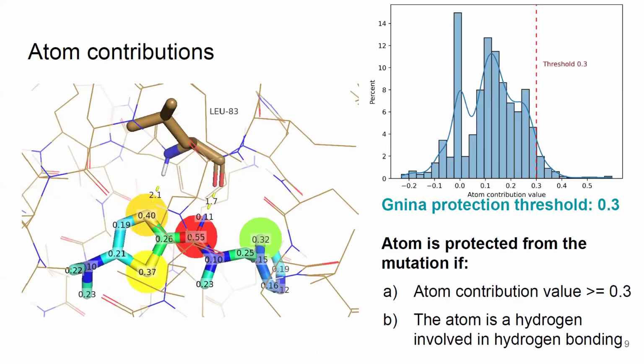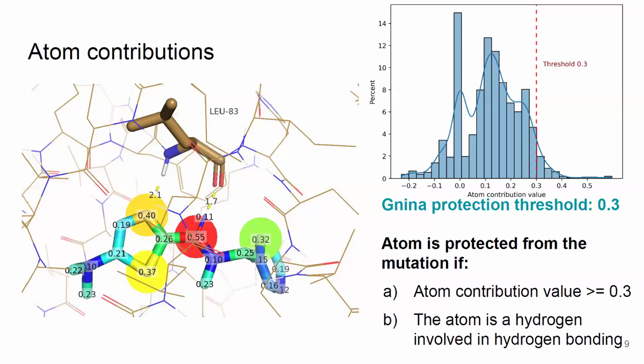For GNINA, we used a protection threshold of 0.3. How did we choose it? We ran the atom contribution calculation for other datasets and took a look at the distribution of the atom contributions, which ranged from negative to positive. We also visually inspected some of these systems.